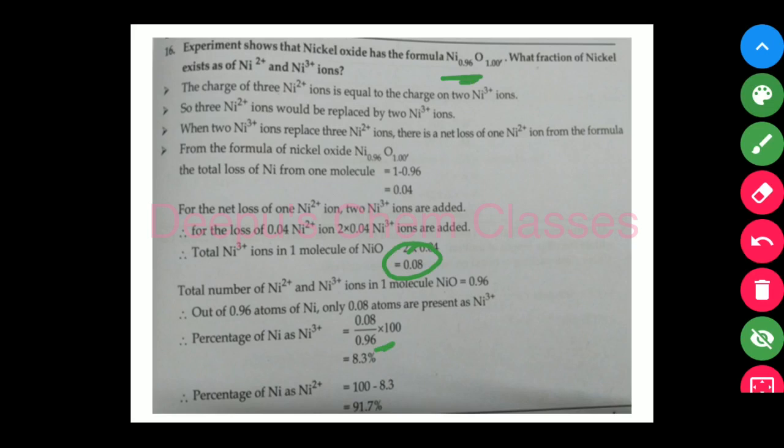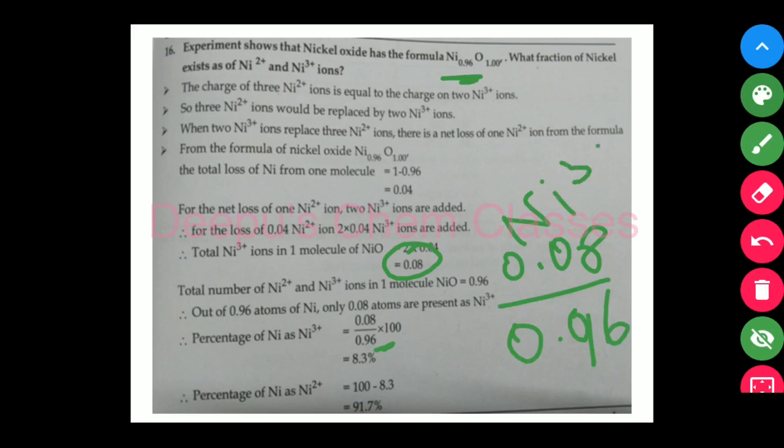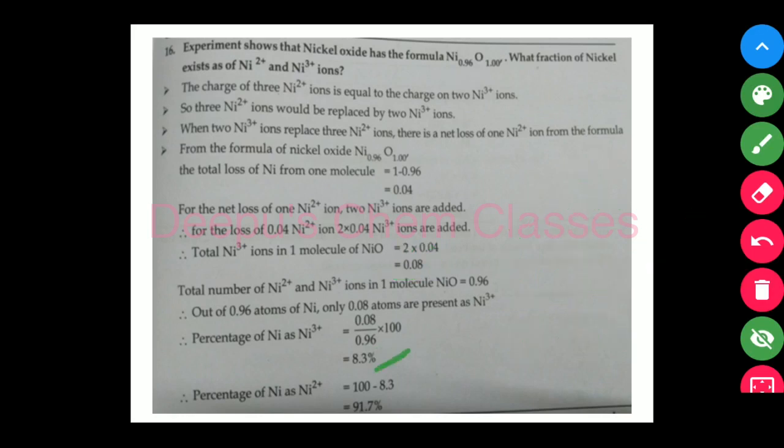So 0.08 divided by 0.96, which is the Ni3+ ion concentration divided by the total nickel present in the compound. In order to find the percentage, multiply by 100. So you get the answer, 8.3 percent.